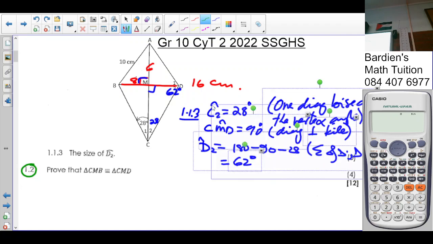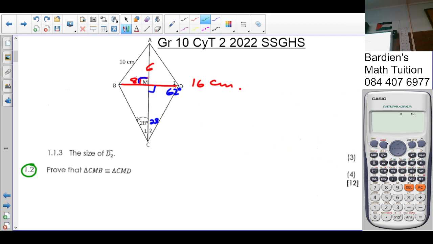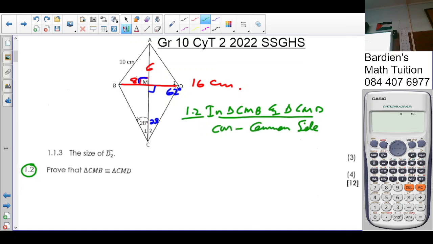Those are the four cases for congruency. So how do we always start with congruency? With naming the triangles. So we say in triangle CMB and triangle CMD. Okay, so what can we say? CM is a common side. Right? What else can we say?